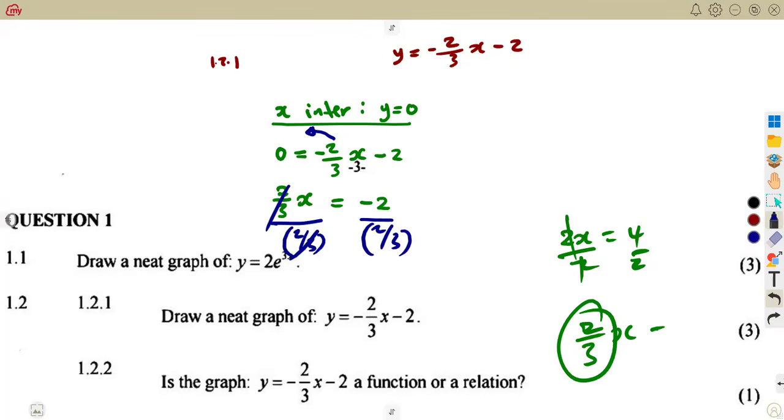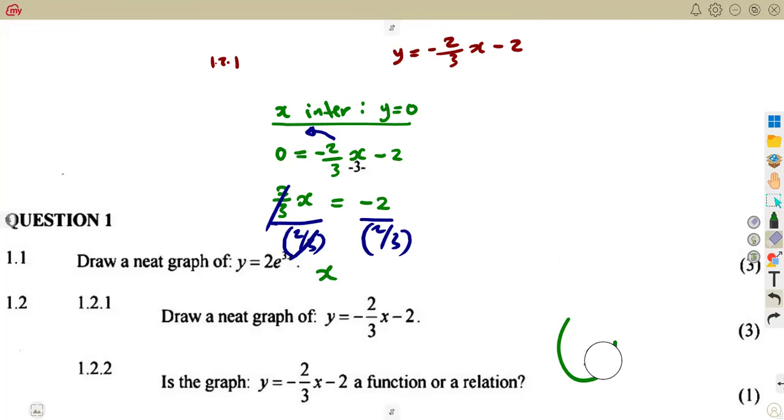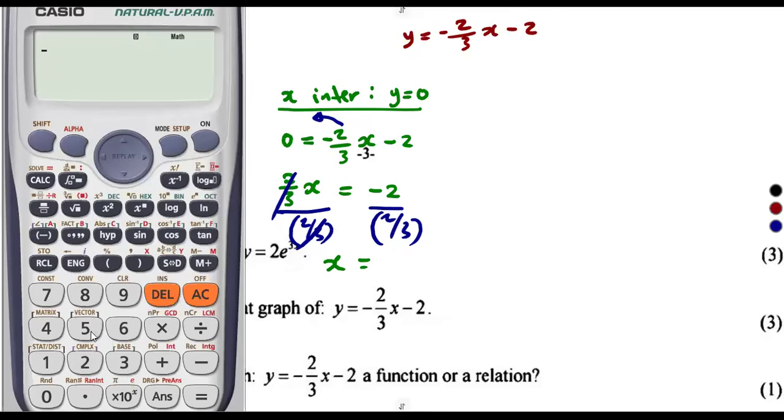Your calculator, guys. That's why you have the calculator in the exam. It is the duty of a calculator, guys, to simplify these fractions. With your calculator, you can simplify these fractions. So let us just have this part here. That's negative 2.